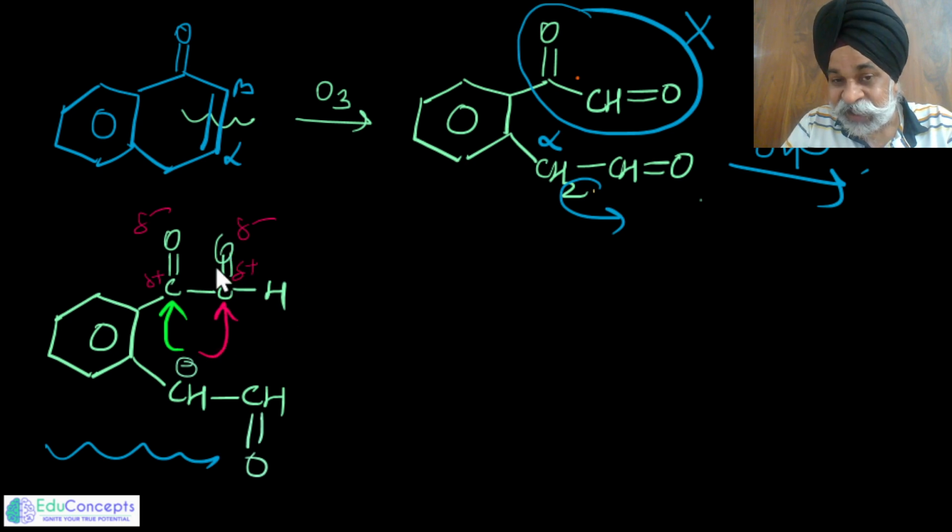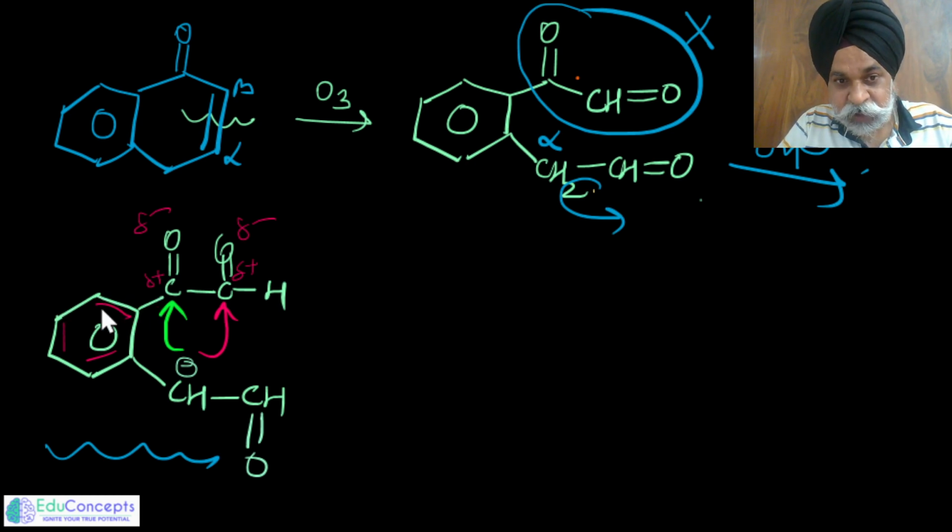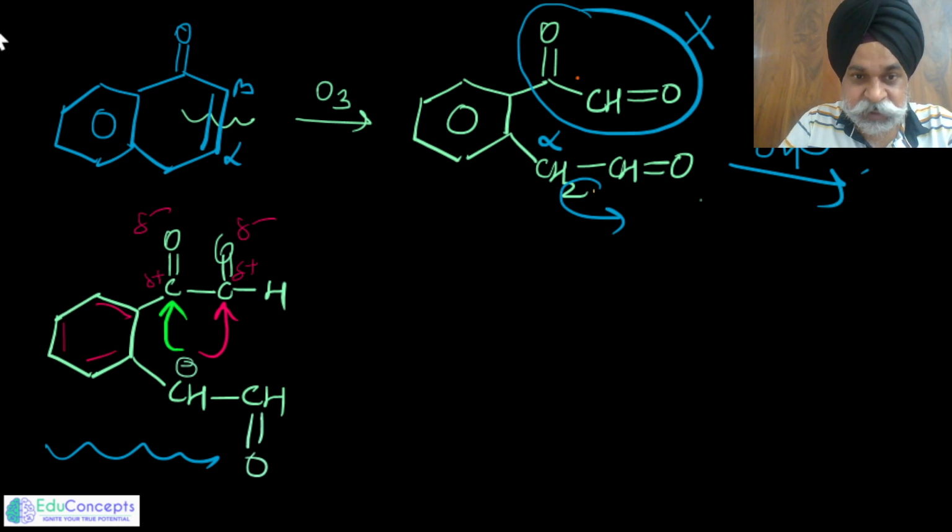Why? Because the aldehydic carbon is more electrophilic as compared to the ketone. And the ketone is attached to the benzene part, so resonance also takes place here, which would decrease the positive charge on the carbonyl carbon.